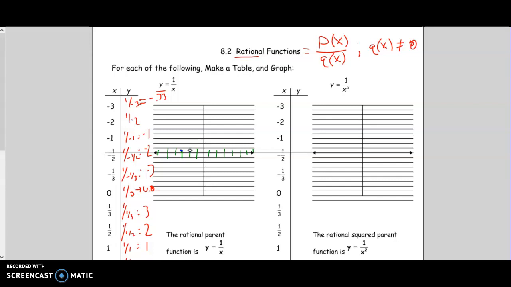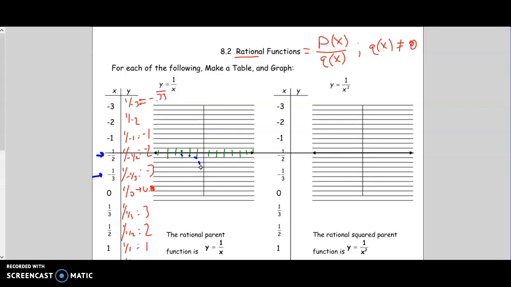Whoops, I'm on the wrong side of the x-axis. I apologize. Let me go back and fix this. Negative 3, negative 1/3. So on the negative y value, negative 1/2, negative 1. Next point, negative 1/2, negative 2. Negative 1/3, negative 3.